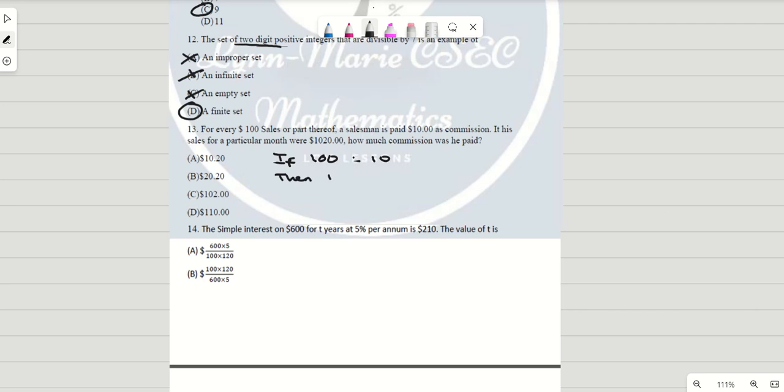Then for $1, it would be 10 divided by 100, and therefore for 1020 would be 10 over 100 multiplied by 1020. We cross out the zeros, we get 102. So his commission is C, 102.